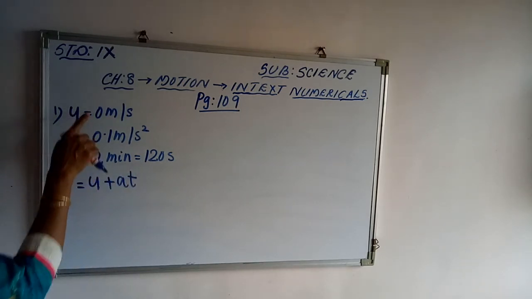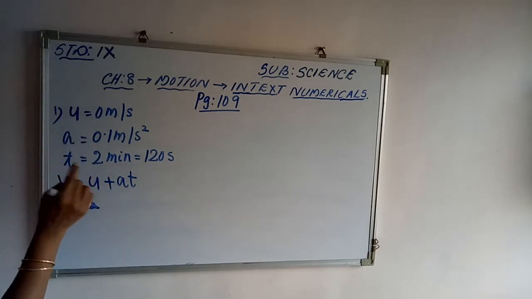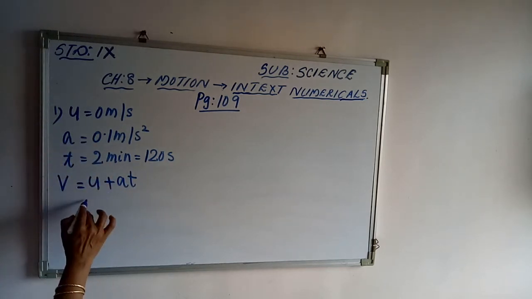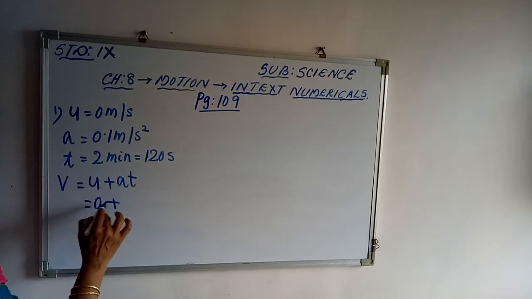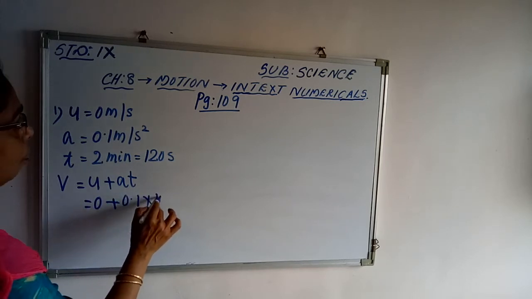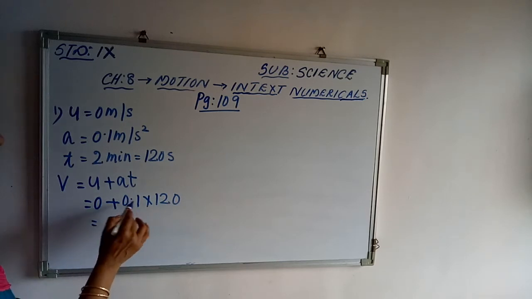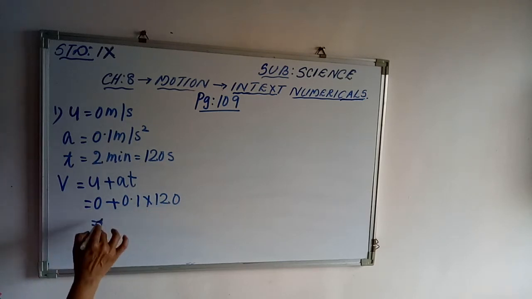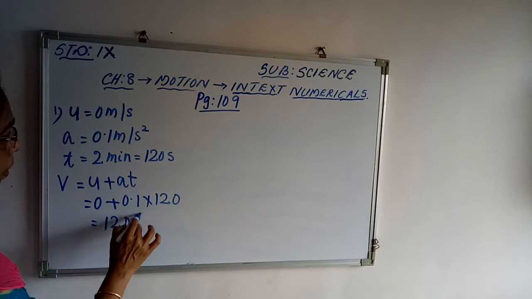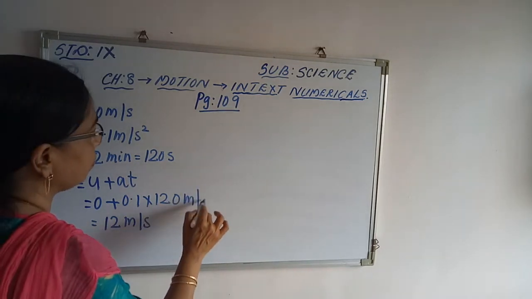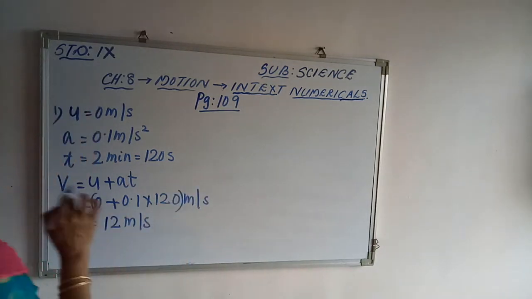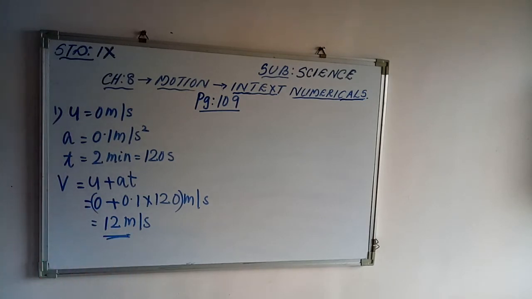See here, u is there, a and also t given. So we can substitute the value 0 plus 0.1 into 120. Isn't it? That's equal to 12 ones are 12. So 12 meter per second. That's the speed which is acquired. Okay.